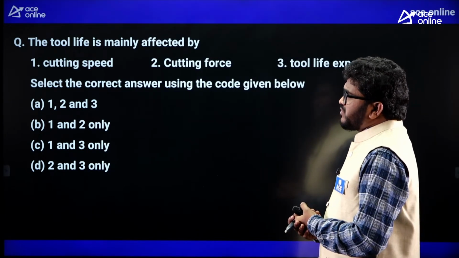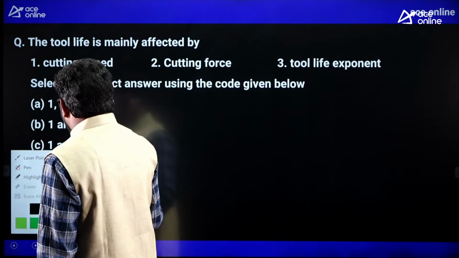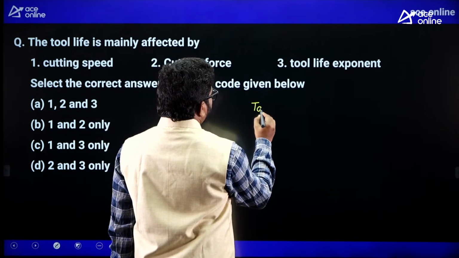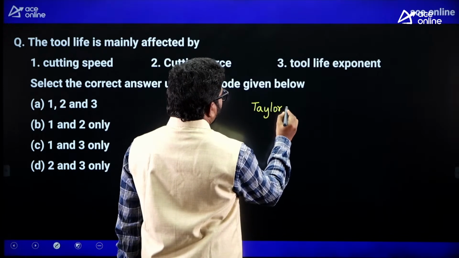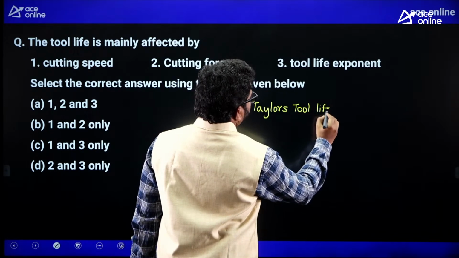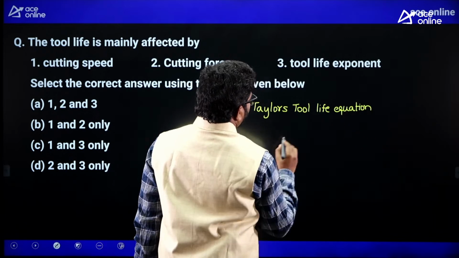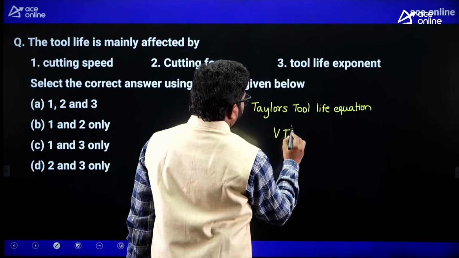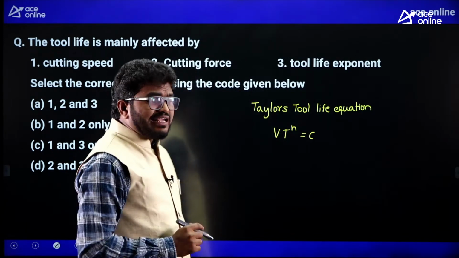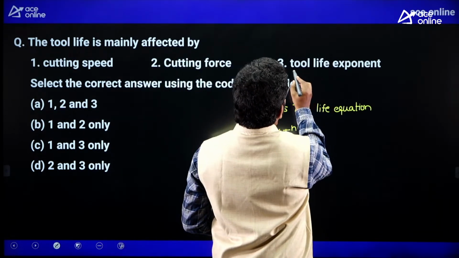Four options are there. Here if you observe carefully from Taylor's tool life equation, you can understand, that is velocity V t power n equal to constant. So the tool life depends on the cutting speed, and also the tool life depends on the tool life exponent.